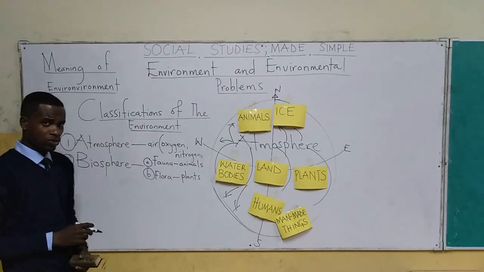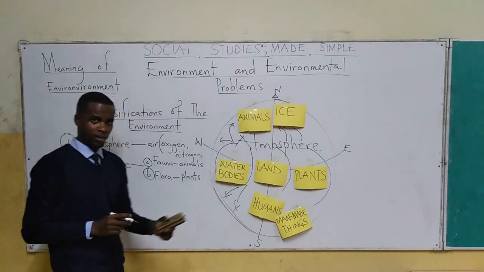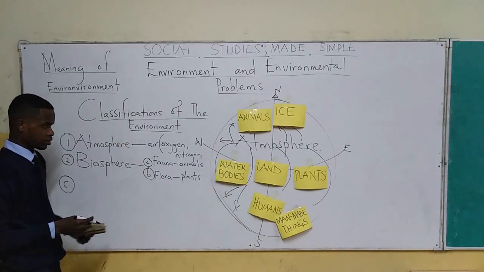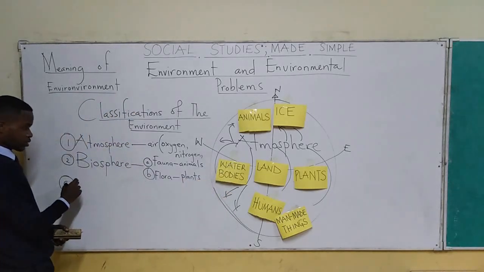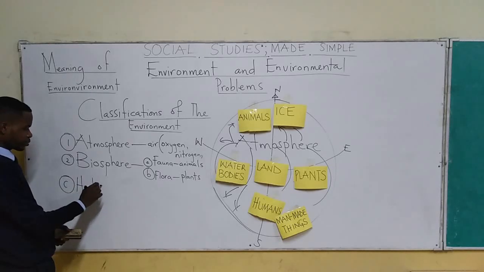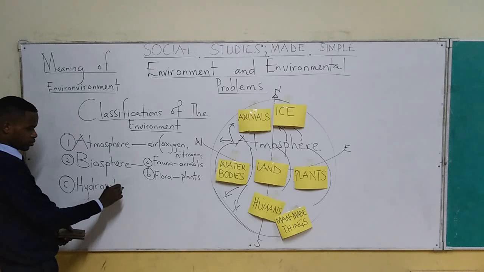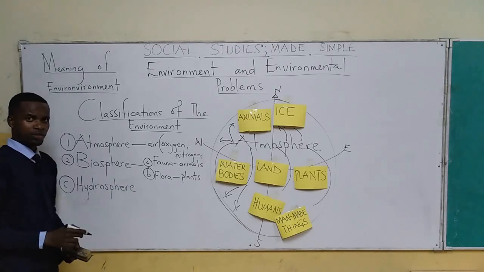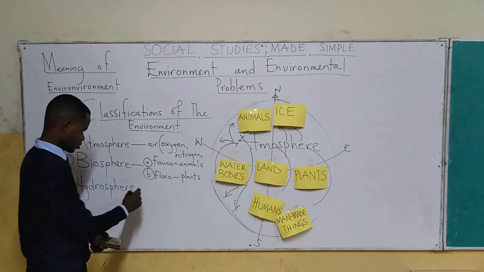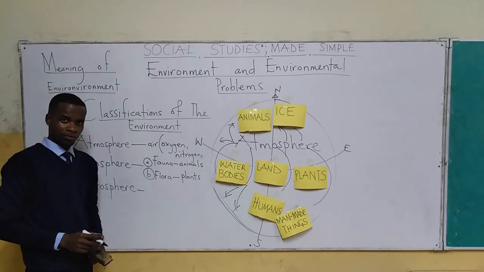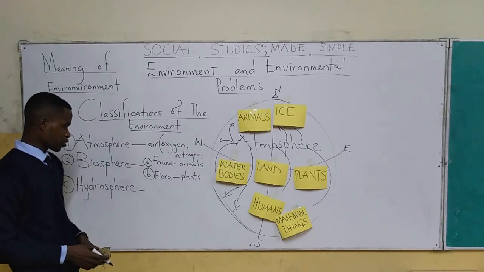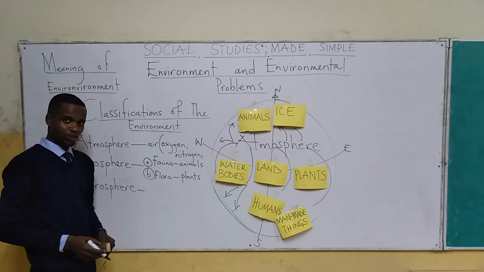The third classification of the earth sphere, our surrounding. We look at water bodies. We put them under hydrosphere. Some of you are very good science students and you've been taught that water is H2O.